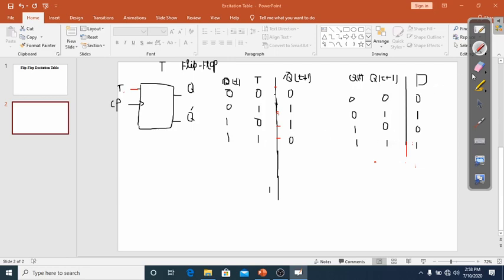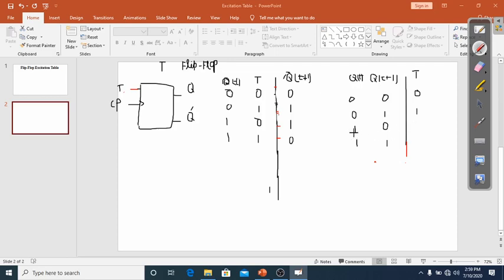And now let us talk about its excitation table. When present state is equal to 0, next state is equal to 0, what should be the input? It must be 0. When present state is 0, next state is equal to 1, so the input should be 1.